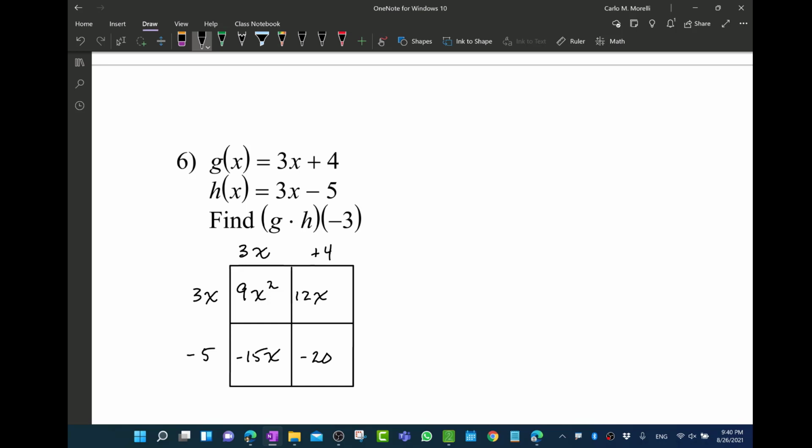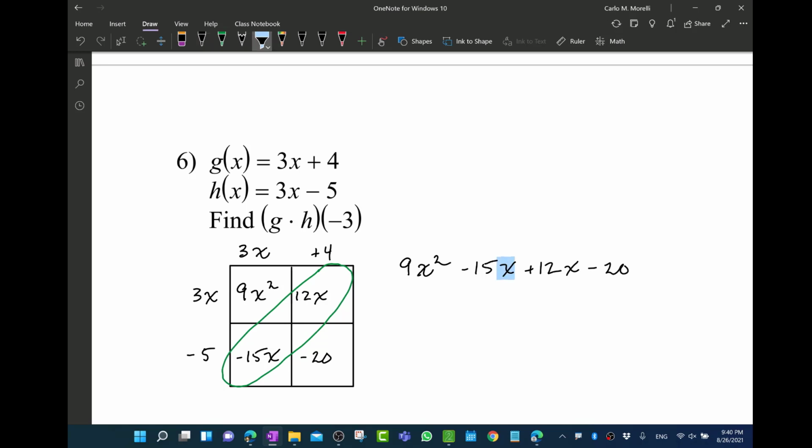So we're going to write all this out. And just remember that these terms here, you'll be able to combine them. But we're going to write it all out first. So we'll write with the largest exponent leading. So it's 9x squared, and then we'll just do minus 15x plus 12x minus 20.